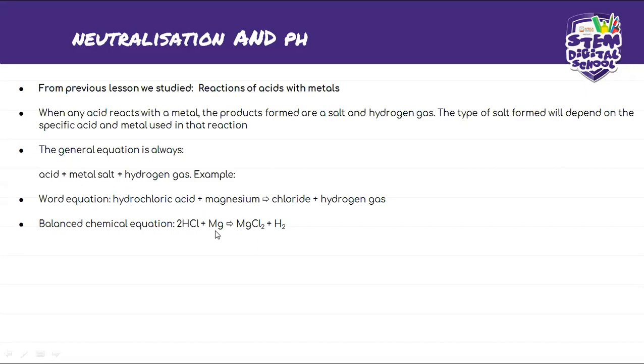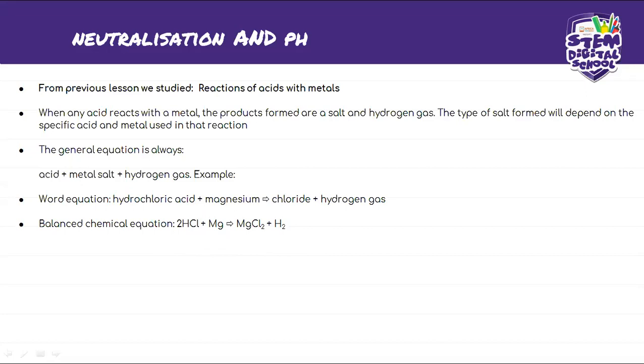This is what is called a replacement or displacement. If you look at HCl and then the product side, you will see that the magnesium has taken the place of hydrogen, to give us magnesium chloride plus hydrogen.